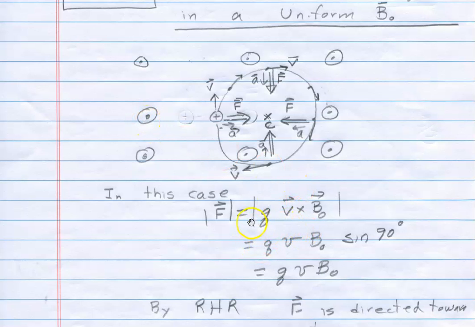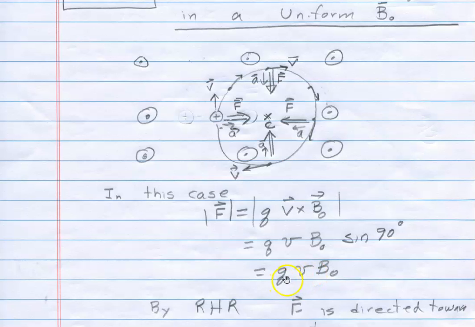So the magnitude of the magnetic force is the magnitude of q, I'll just use q since it's a positive charge anyway, times the magnitude of B naught, times the sine of the angle between v and B naught. And v is in the plane of the paper, B is coming out at us, so that angle is 90 degrees. And so the magnitude of the force is qvB naught.